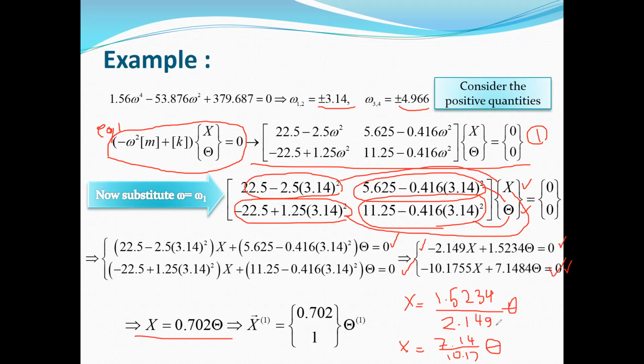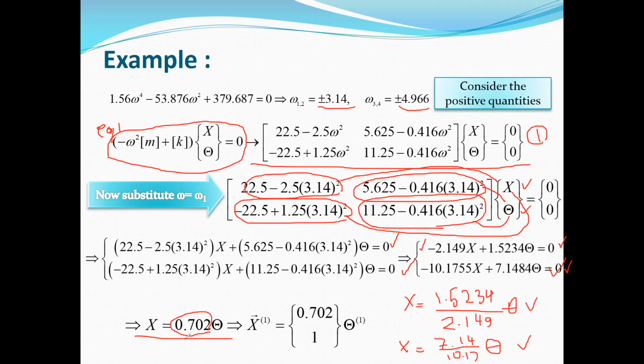If you calculate these two fractions, both of them are equal to 0.702. So this value will be obtained from either the first equation or second equation, and you can obtain the first mode shape from this equation.